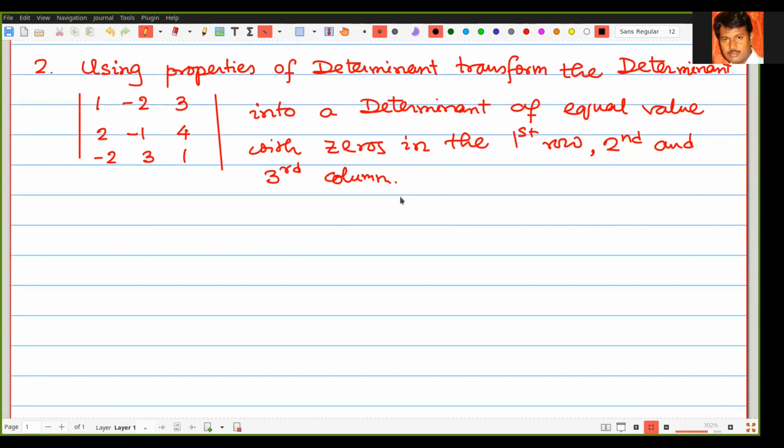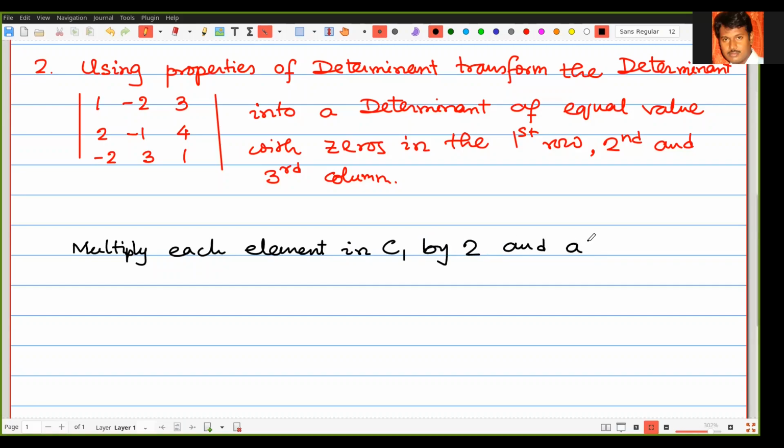at first we multiply each element in column 1 by 2 and add the corresponding elements in column C2.